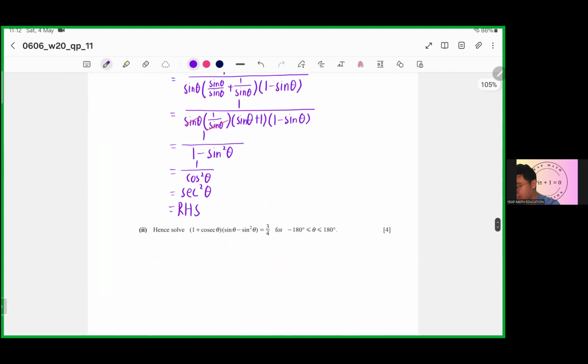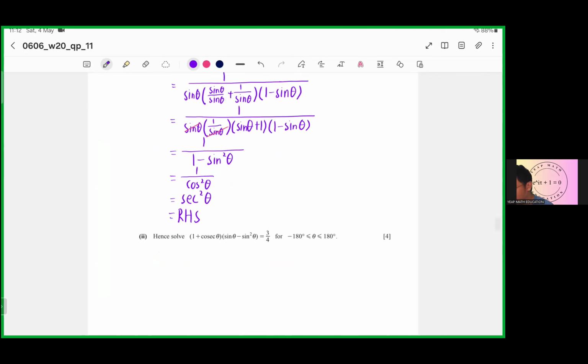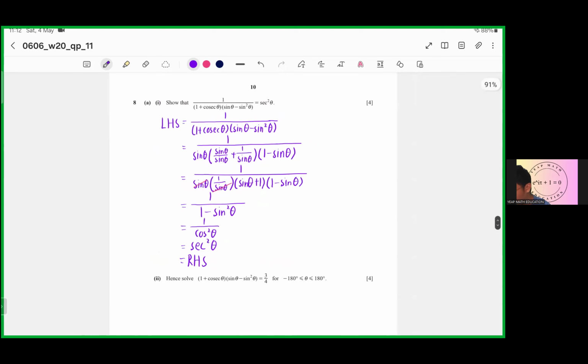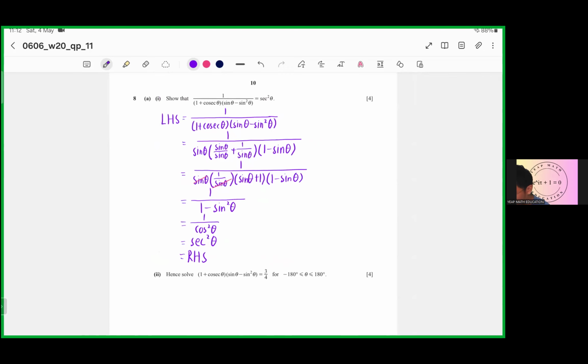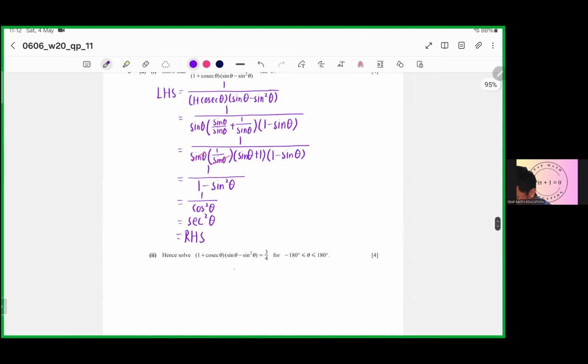Okay, now we do the next part. Has to solve 1 over (1 plus cosec theta), sine theta minus sine squared theta equals 3 over 4. Okay, actually we can try this, we can write it as secant squared equals 3 over 4, because it just happens to be the reciprocal.